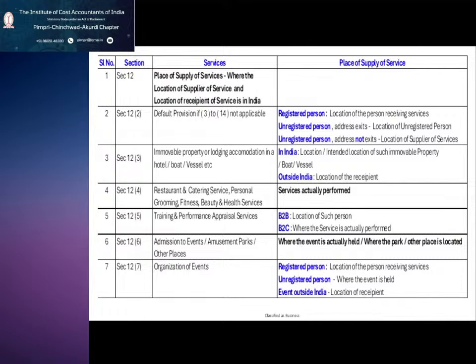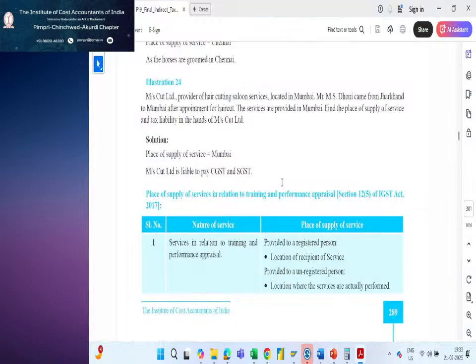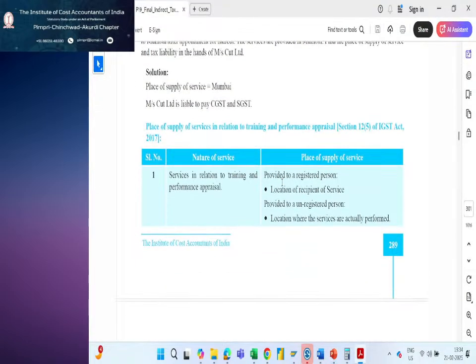If he is an unregistered person, it will be B2C, like an individual. For B2C, the place of supply is where the service is actually performed. So here we'll see the training and performance appraisal example.